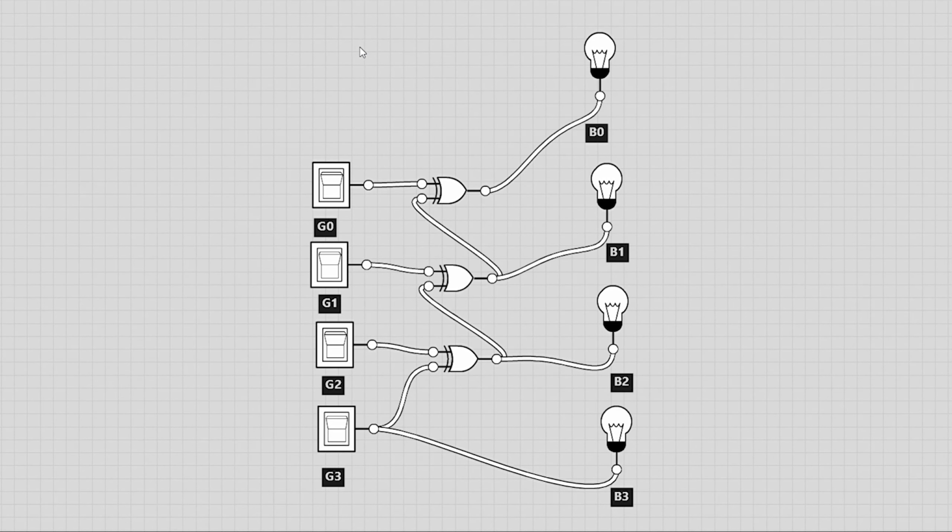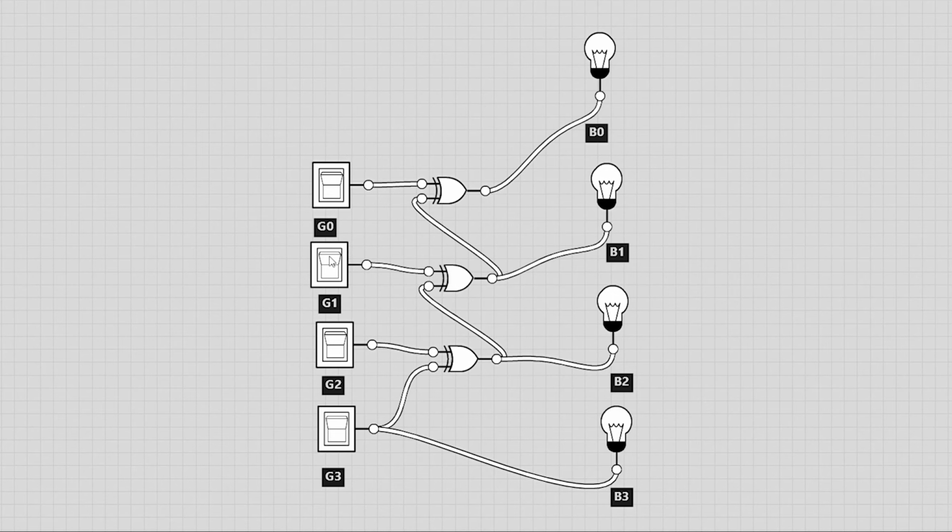Now we'll see how gray to binary code conversion works. This is a simulation of gray to binary code conversion. Here the inputs are G0, G1, G2 and G3 and the outputs are B0, B1, B2 and B3.